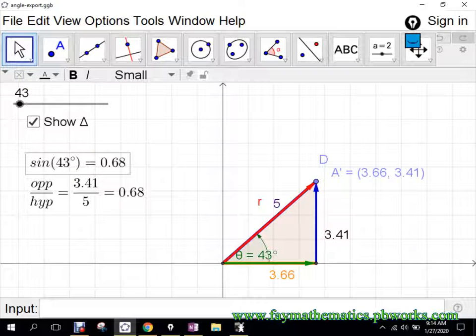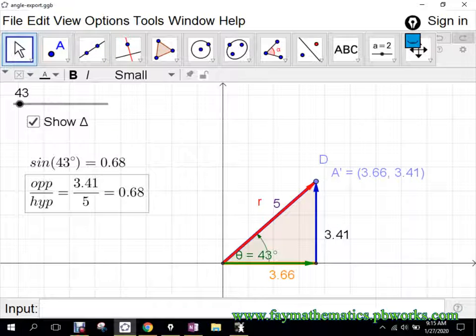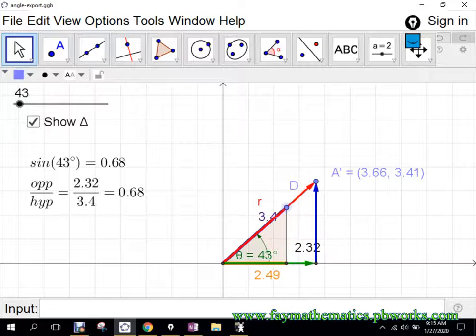When I look at my triangle and I divide the y value out of that ordered pair by the r value of 5, do I still get the same 0.68? That makes sense? So our calculator knows that no matter what these values are, 3.41 or 5, or in this case, looking at this little maroon triangle, 2.32 divided by 3.4, that opposite side divided by that hypotenuse.